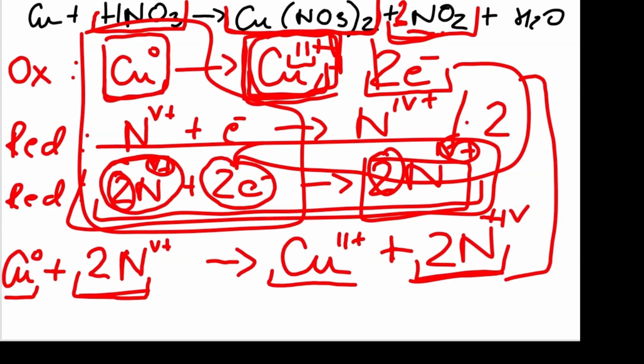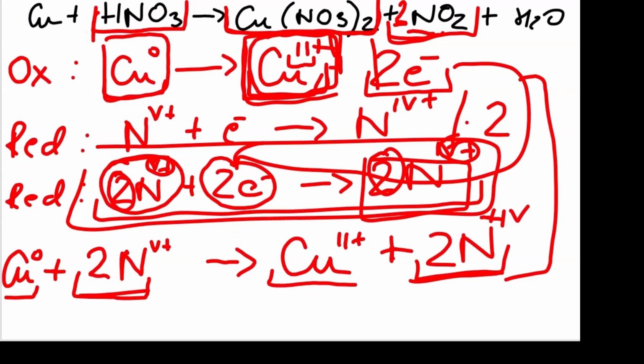So on the left side should appear 4 particles of nitric acid. 4 particles, but only from 2 of these particles do nitrogen atoms undergo the reduction reaction.